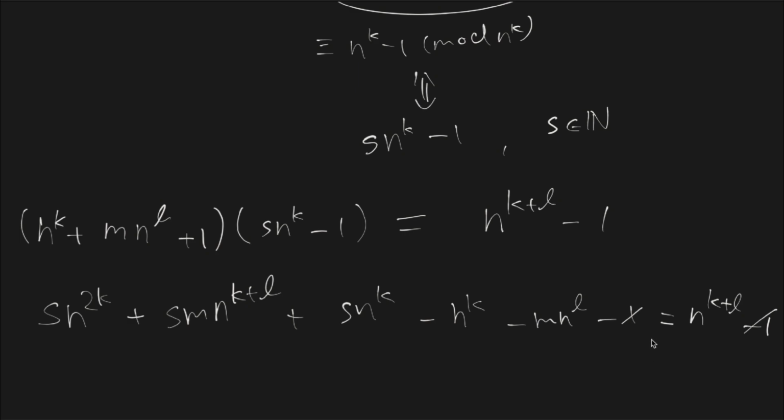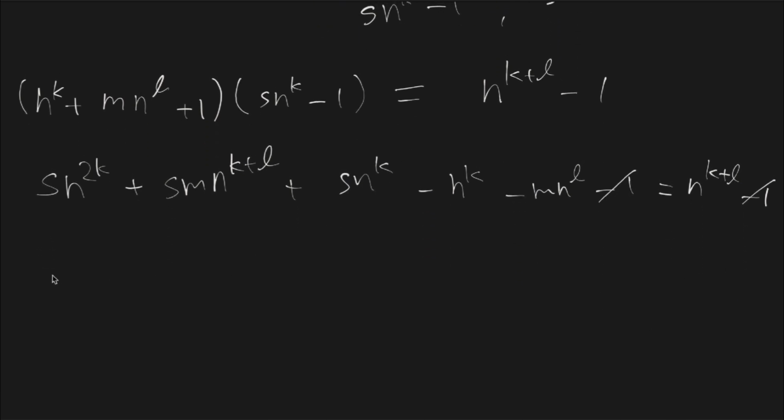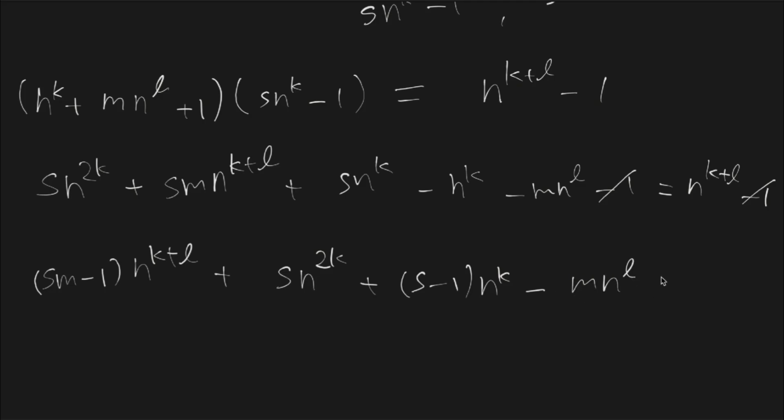For example, the minus 1 can go away, and then we can combine some like terms. We should get sm minus 1 times n to the k plus L, plus s times n to the 2k, plus s minus 1 times n to the k, minus m n to the L. This thing is equal to 0. Okay, so after all that algebra, we get whatever is left with this.